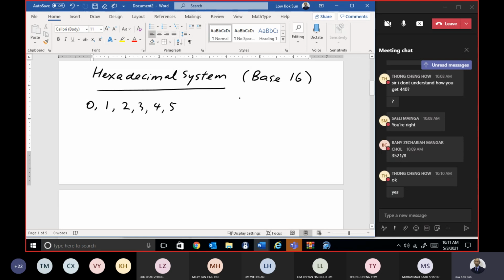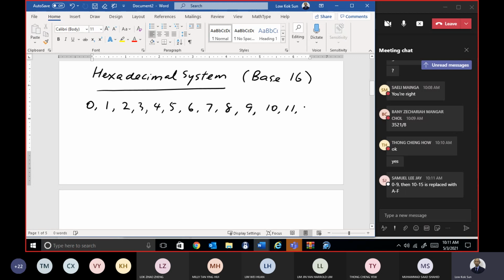When base 16, we only use numbers until 15. So 6, 7, 8, 9, let me write out 10. Actually it doesn't go this way, but we put it down first. Let me squeeze in so that it doesn't look messy. I write down the numbers.